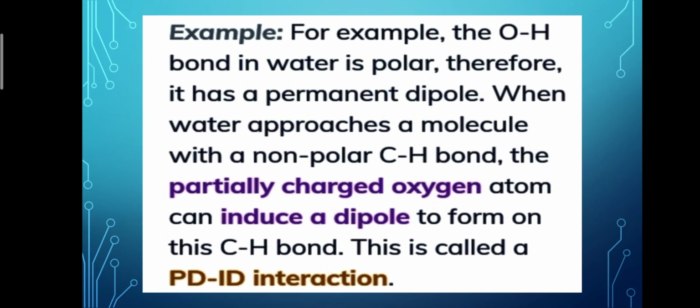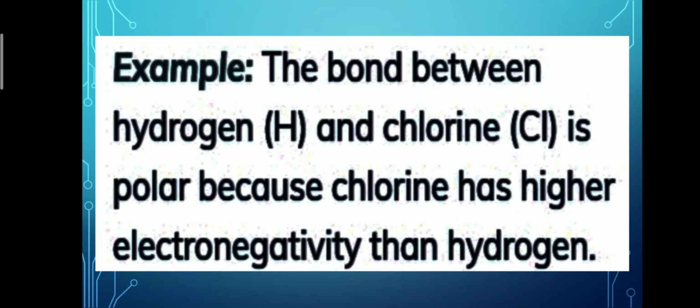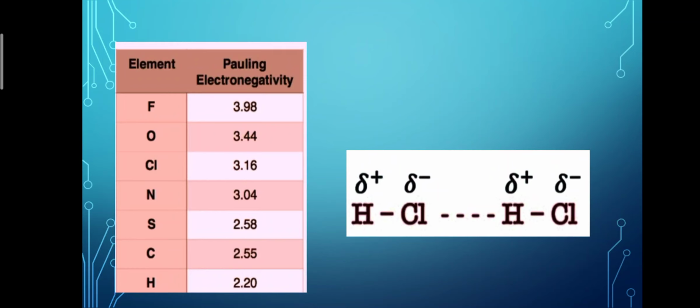For example, the OH bond in water is polar because the electronegativity of oxygen is greater than hydrogen. The electronegativity of oxygen is 3.44 and the electronegativity of hydrogen is 2.20.